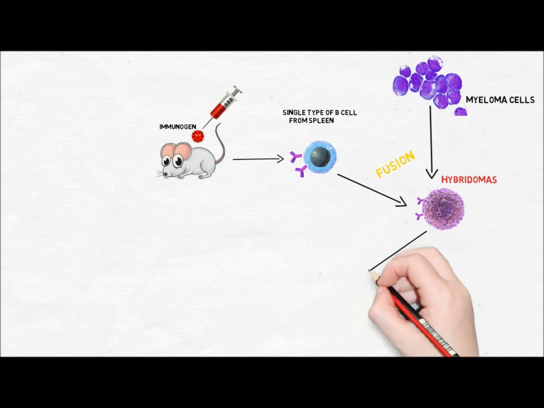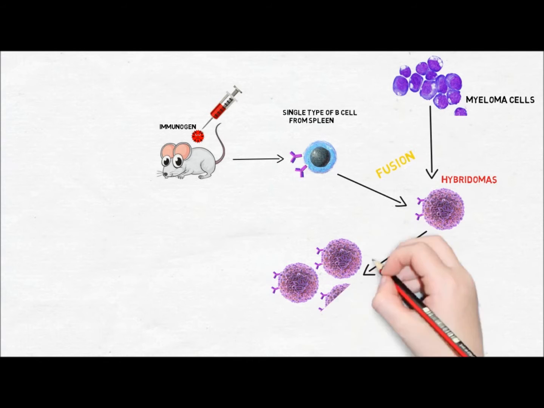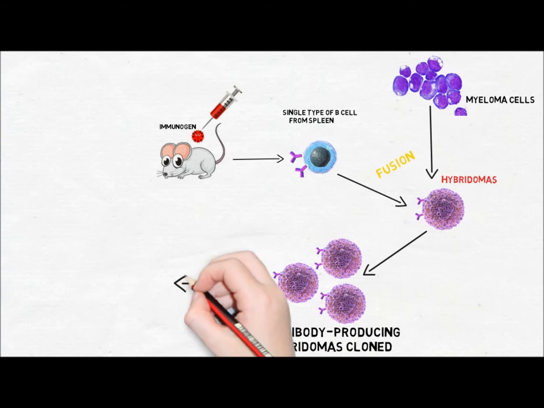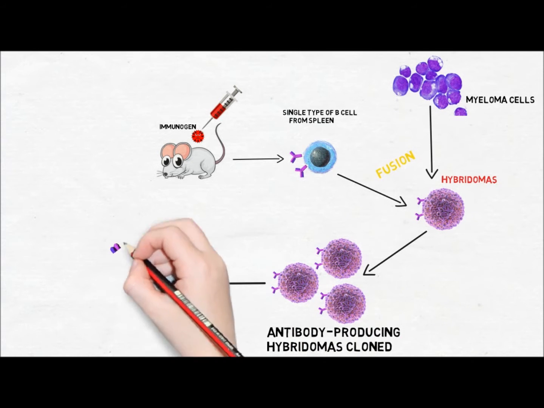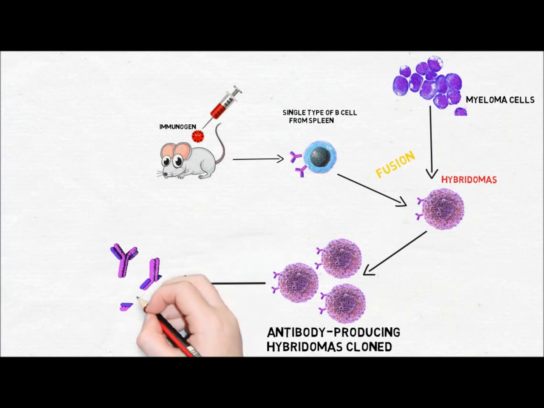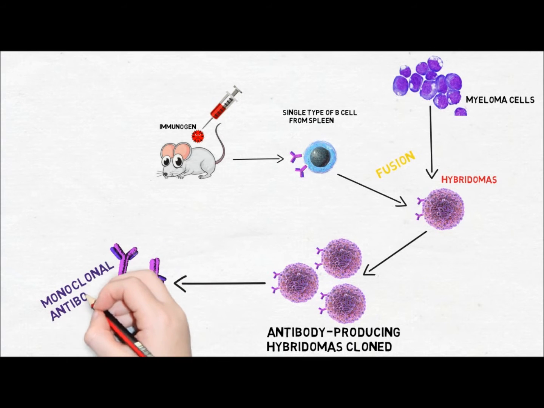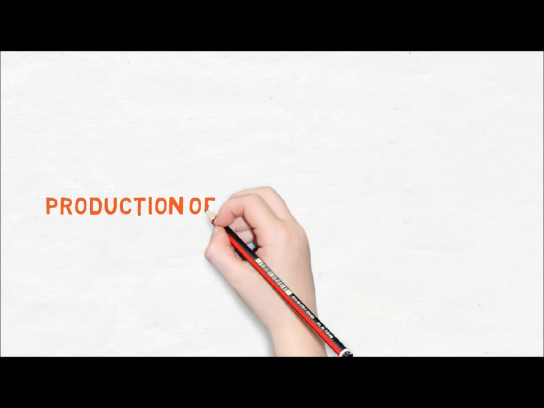But before that, the antibody-producing hybridomas are cloned, and they represent a stable, renewable source of antibodies because these are the ones that will be generating our antibodies. These antibodies generated are identical to each other, and they are known as monoclonal antibodies. Like I said before, they will bind to a specific epitope on an antigen.